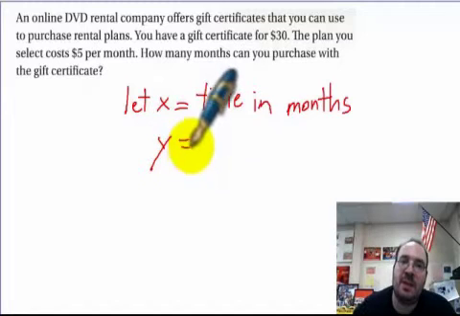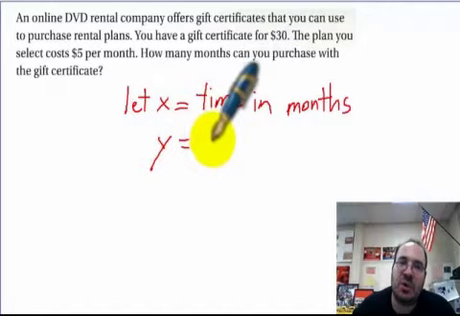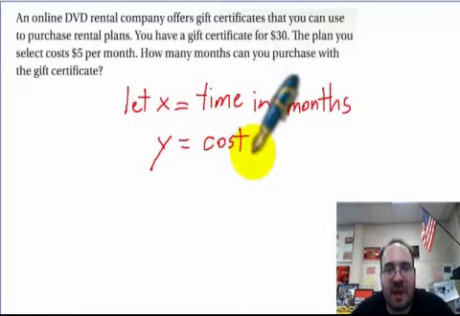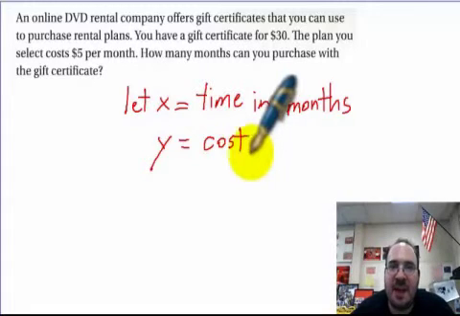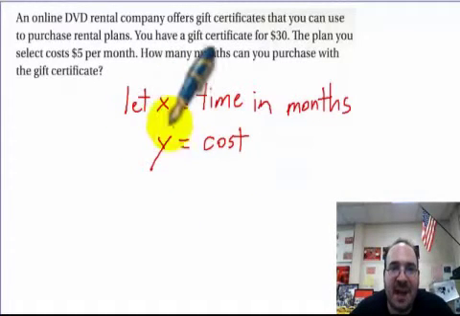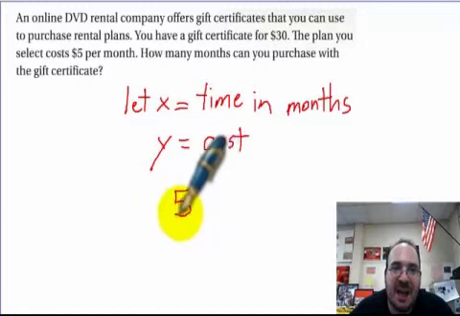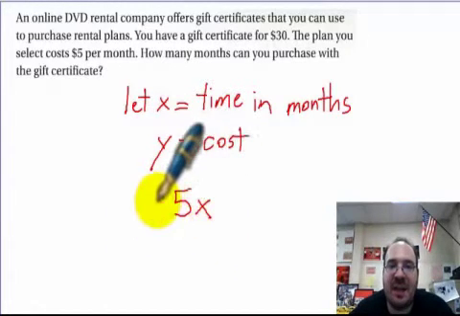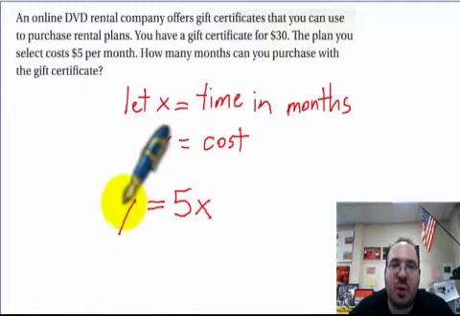And then y will be the total cost to be a part of the membership plan. I think it's $5 per month, so that's 5 times x. The word per means multiply. 5 times x, and that equals the total cost.